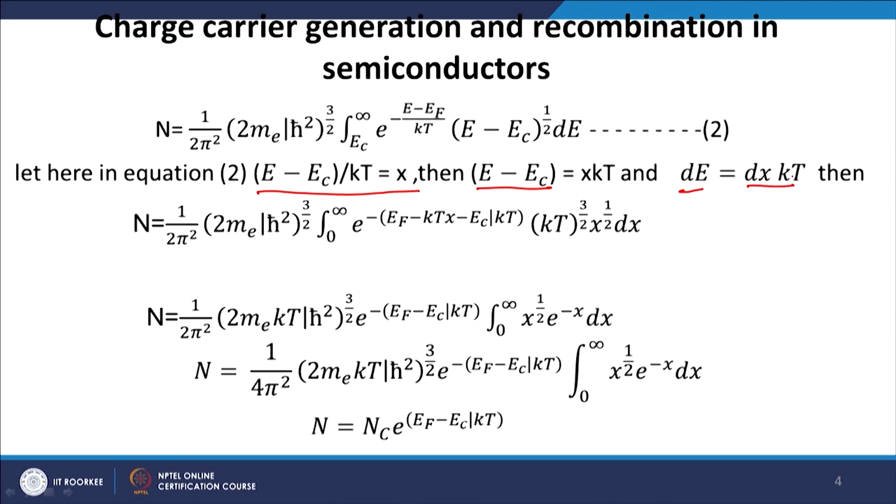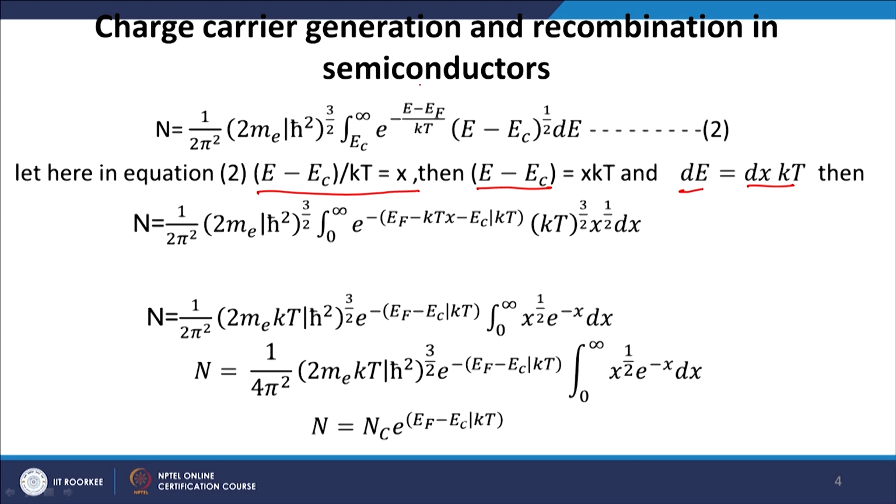Then you can write n is equal to 1 over 2 pi square, 2 m_e by h bar square to the power 3 by 2 integration. Since I am changing the integration limit, I can also write the integration from Ec to infinity as 0 to infinity, e to the power minus. Now, I have considered (E minus Ec) by kT is equal to x, or E minus Ec is equal to x kT.